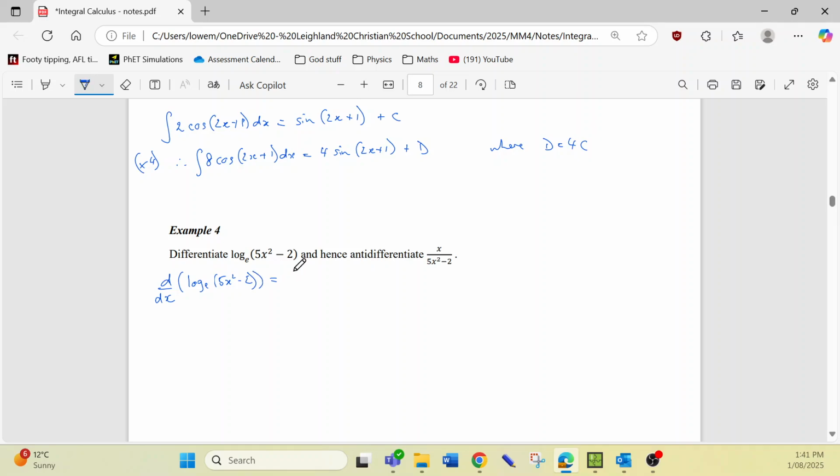Differentiating the inner function, that's going to be 10x multiplied by the derivative of the log part, which would be 1 over 5x squared minus 2. So that's 10x over 5x squared minus 2.